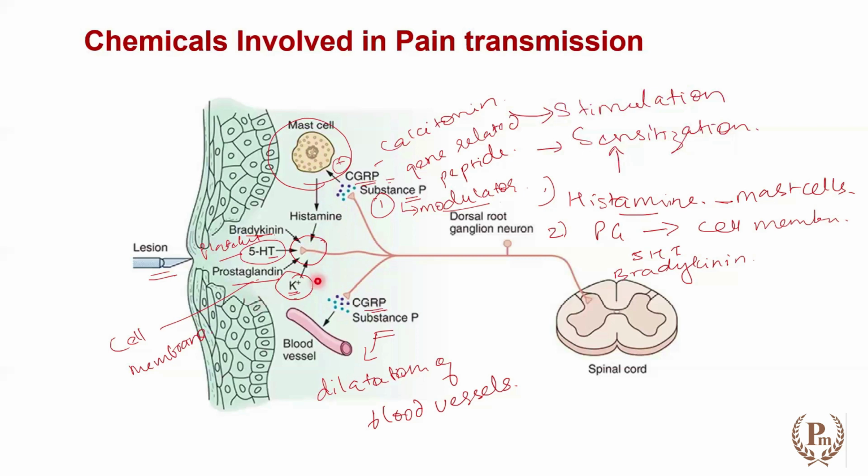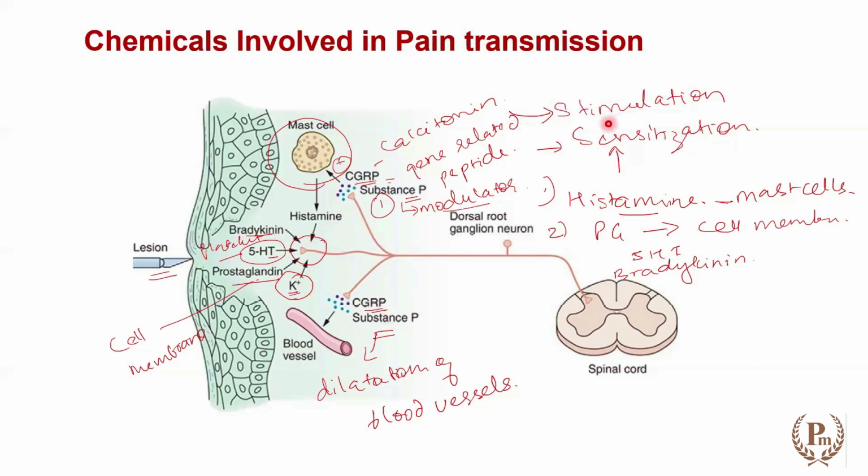So at the level of injury, the chemicals which are involved in pain transmission, to repeat again, are histamine from the mast cells, 5-hydroxytryptamine, prostaglandins, potassium, bradykinin from the injured tissue area. Then we have the substance P from the neurons of the substantia gelatinosa, and we have CGRP. So what are their functions? They actually have two functions.